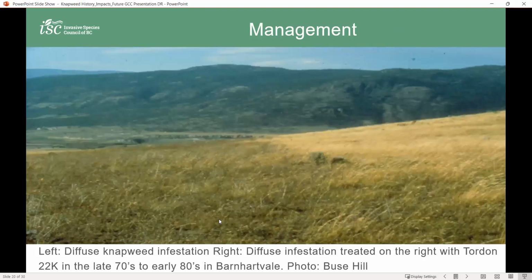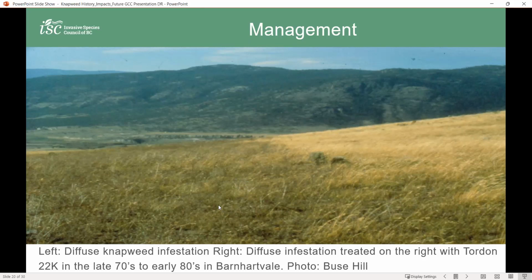This is a site that was done in the late 70s, early 80s, up above Kamloops, just southeast. This is an area called Buse Hill. This is the Buse Lake Ranch. It's owned by the Campbell family, and Larry was one of the very early proponents of knapweed and weed management. He worked very closely with this.